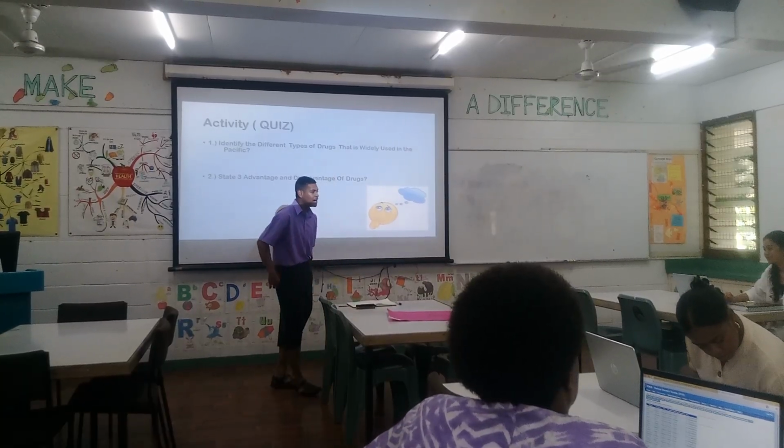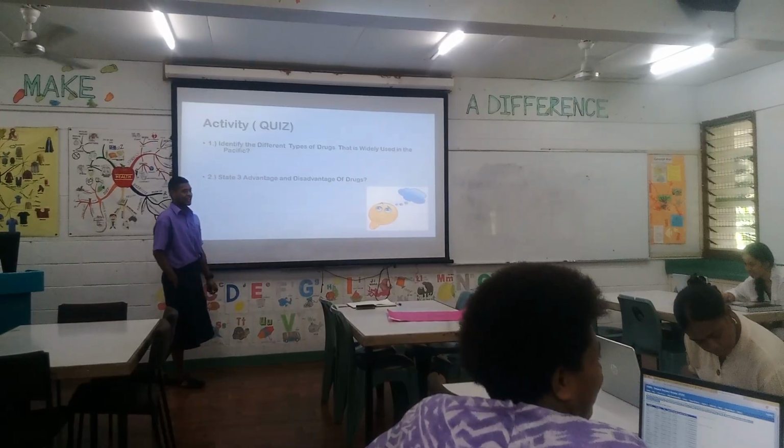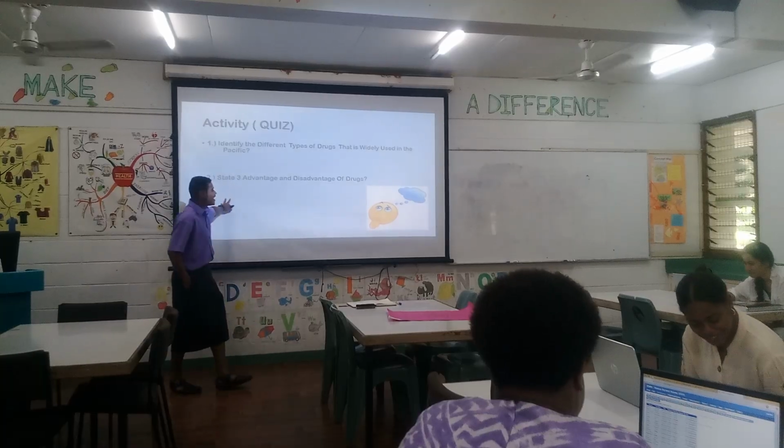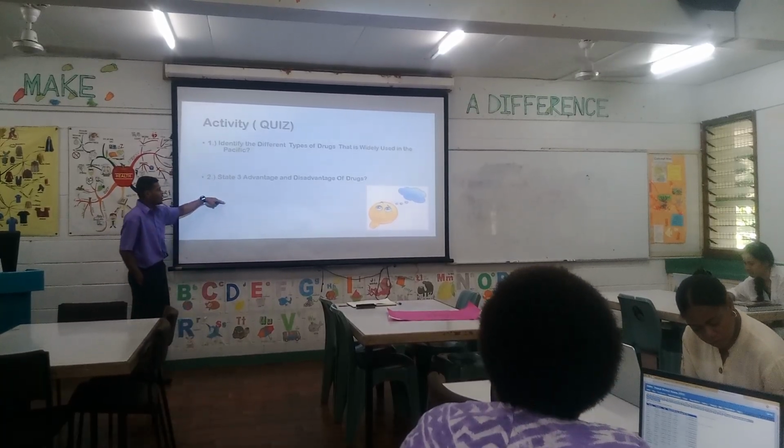Okay. Kava. Okay, that's a good one. Ice. Okay, raise your hands, class. Next one: state three advantages and disadvantages. You leave this for your homework.